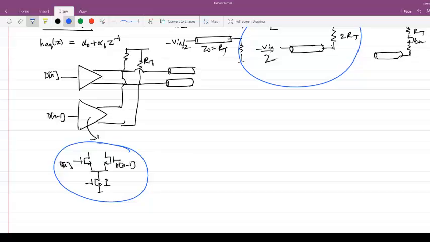Now if I want to implement equalization with weights, let's write the output swing for this implementation. Let's say this is VOP and VON.